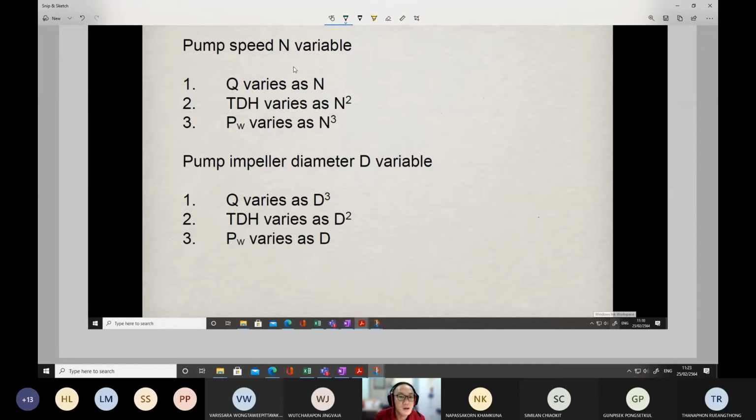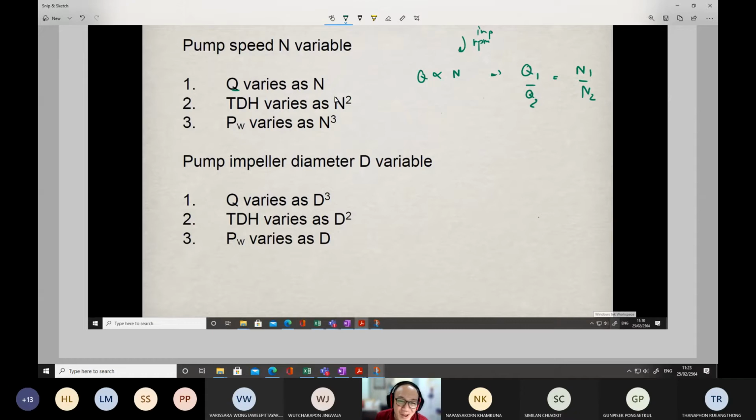So what does it mean here? Q varies as n. N is the rotating speed in RPM, I mean the impeller rotating speed. If we change the flow rate from flow rate 1 to flow rate 2, that is, if we change the rotational speed from N1 to N2, then the flow rate will change.